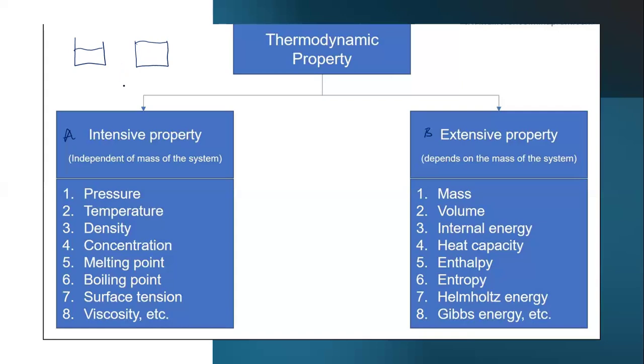So we can tell that the temperature is intensive. Why? Because it is independent of the mass of the system. It does not matter how much you have this side and this side, the temperature can be the same. So the temperature is not affected by the matter inside of that system.